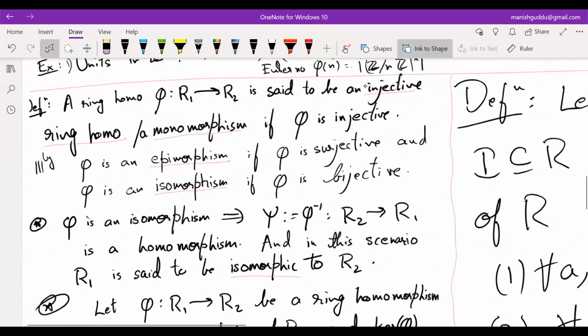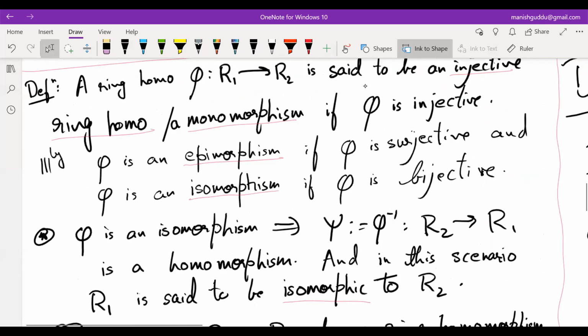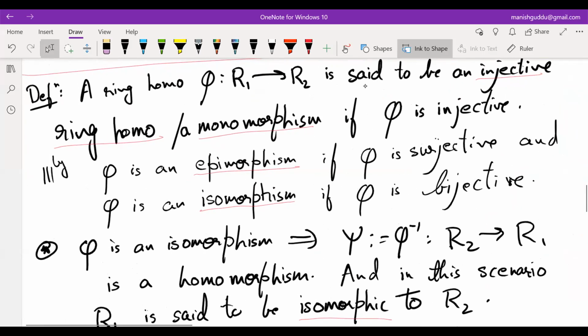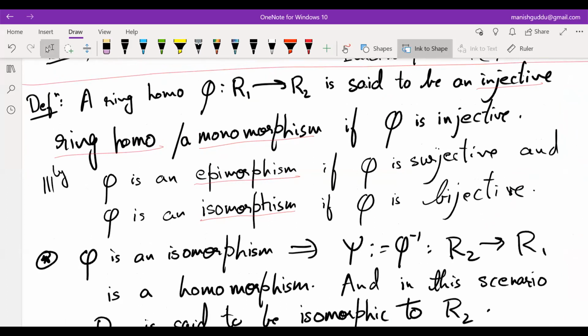A ring homomorphism phi is said to be injective if phi is an injective function. As a function it is injective, that means it's one-to-one. Phi is said to be an epimorphism if it is a surjective homomorphism, that is, if phi is surjective and phi is a homomorphism.